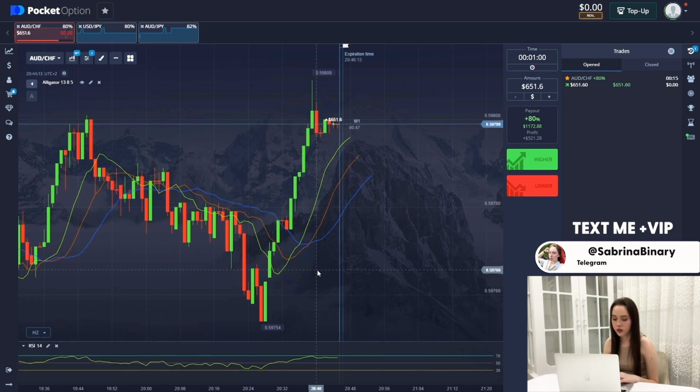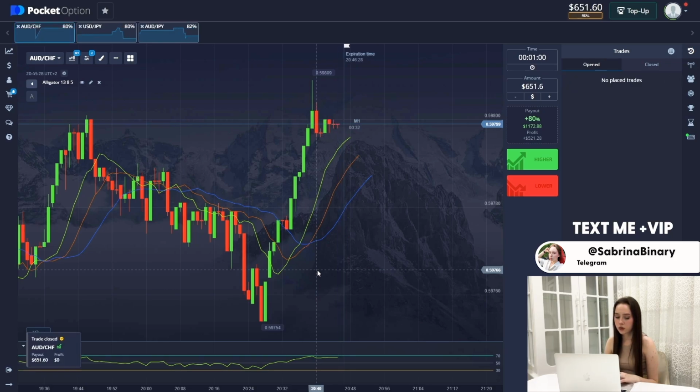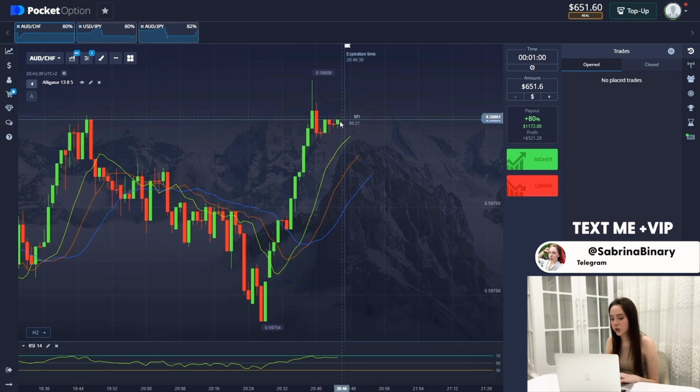So far the preconditions of a downward movement are created, so let's see what happened next. Well, traders, our trade has closed at 0, such a currency pair where all candles are formed at 0. There is nothing bad about it, it happens sometimes, and the main thing is that we are not in the red.